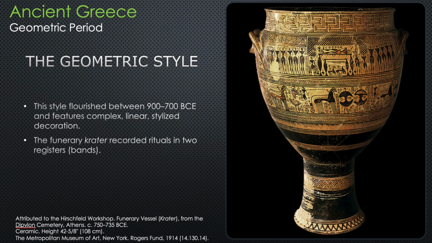We have one piece from the geometric, and I hope you're going to understand why it's called the geometric period. This is a very large vase. It was found in a cemetery. And you notice right from the start that it's got several bands of decoration, or registers. We have 2 inhabited ones here, meaning that there are figures drawn in them. And the other bands are geometric patterns. They're just designs.